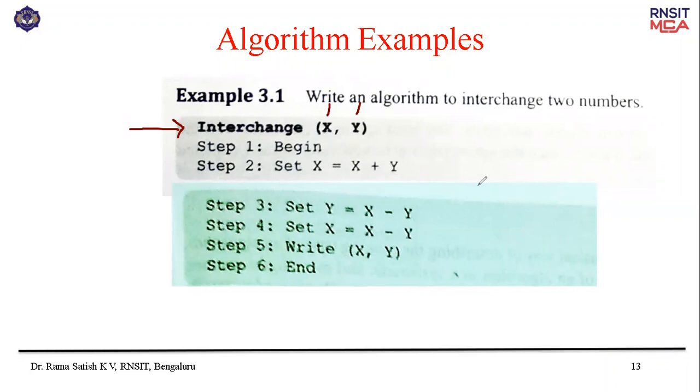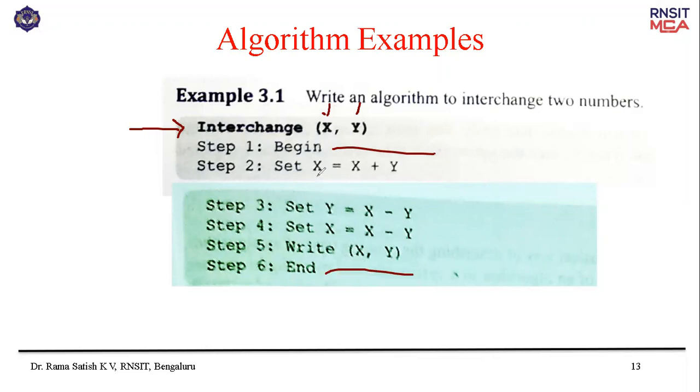You do not have to specify what data type it is, but they are two identifiers that represent some data. Steps again, step 1, 2, 3, 4, 5, 6 should have. You can see x and y are the values that you are going to feed in, and you begin, and last statement will be end.